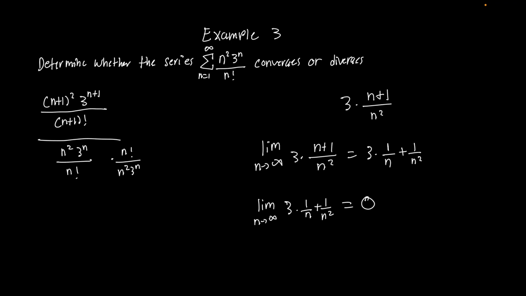So this series, or you can just write this notation right here, the sum from n equals 1 to infinity of n squared times 3 to the n over n factorial, converges absolutely by the ratio test.